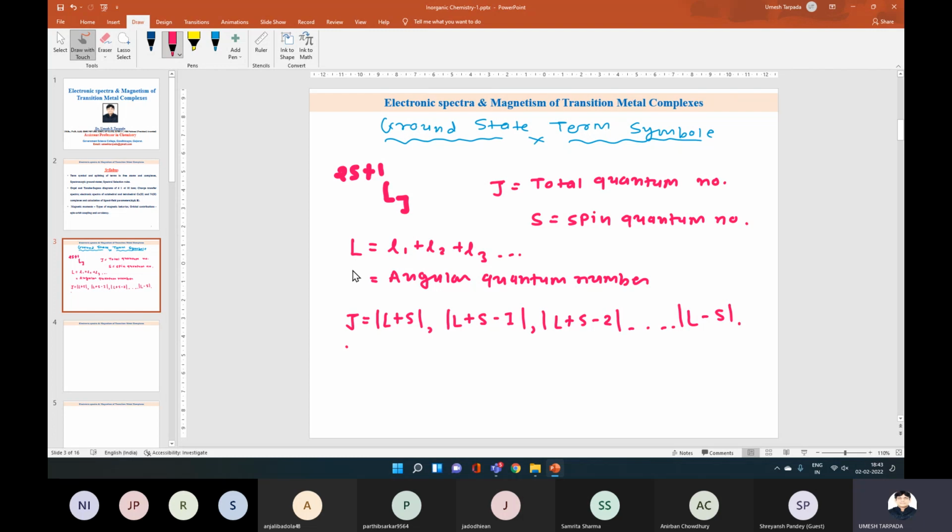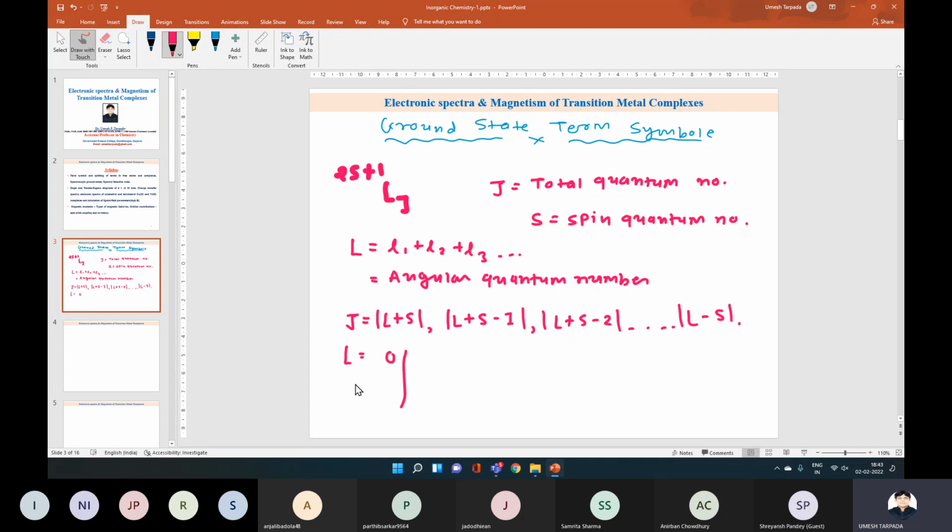Here, how to get L? L will give you the term. So you can calculate L using whatever electrons are there, multiplying the number of electrons with their angular momentum quantum number. And L will give you an idea about the term.